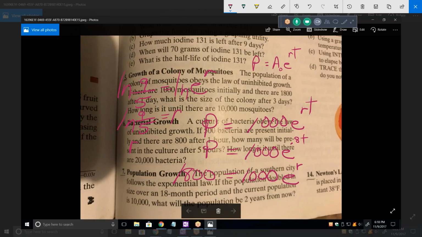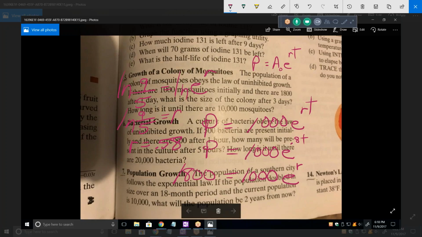I got 0.58. Aha. The growth rate was considerably different. And the reason is that I assumed it was being compounded only once a day. So when I saw 1,000 go to 1,800, I assumed that that was a change in 800 divided by 1,000.